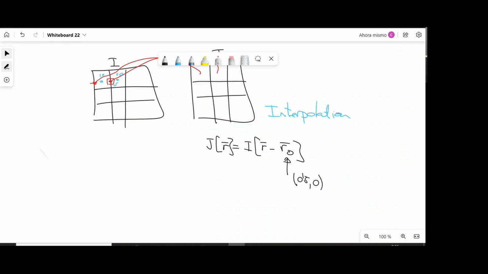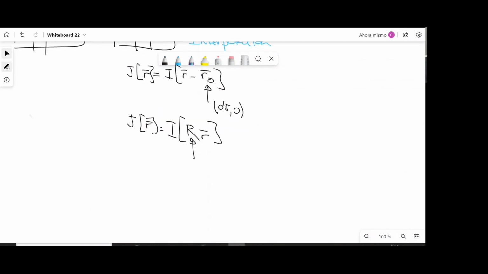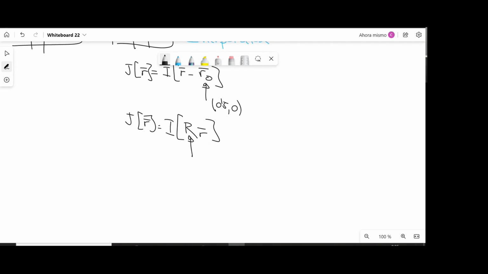So an image rotation is a transformation like this, where this is a rotation matrix.